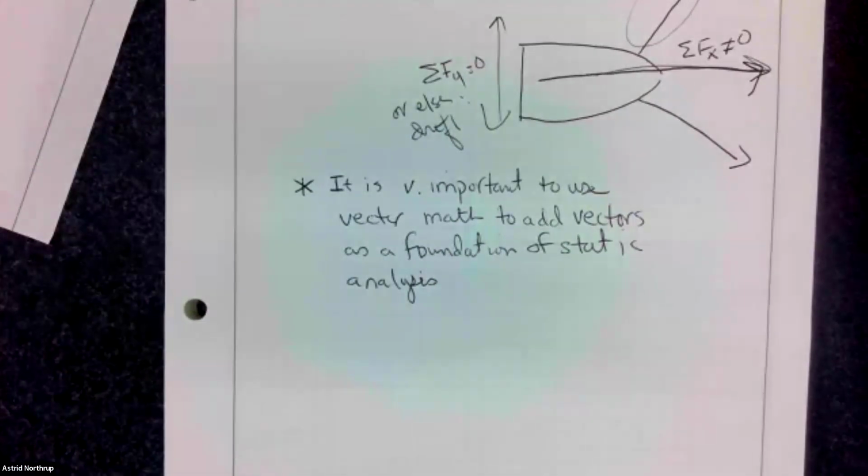So that's where we're going with this. But in the meantime, we're just going to take a look at adding some vectors. And that's kind of what the first part of the homework is going to be about.